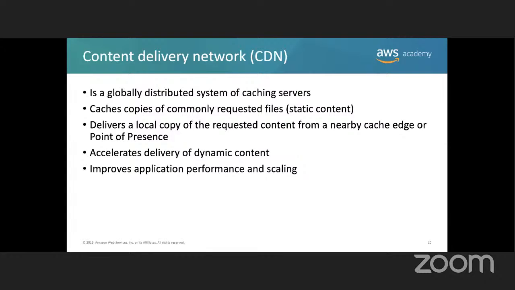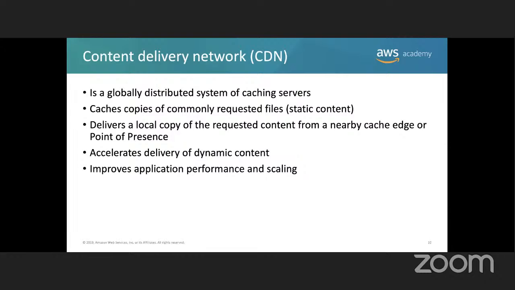So the next time the user requests the same information, not only that user but any user in a nearby location, CloudFront doesn't have to go back to the origin. CloudFront just gets the information from the cache location, the edge location, and gives it to the user with very low latency.